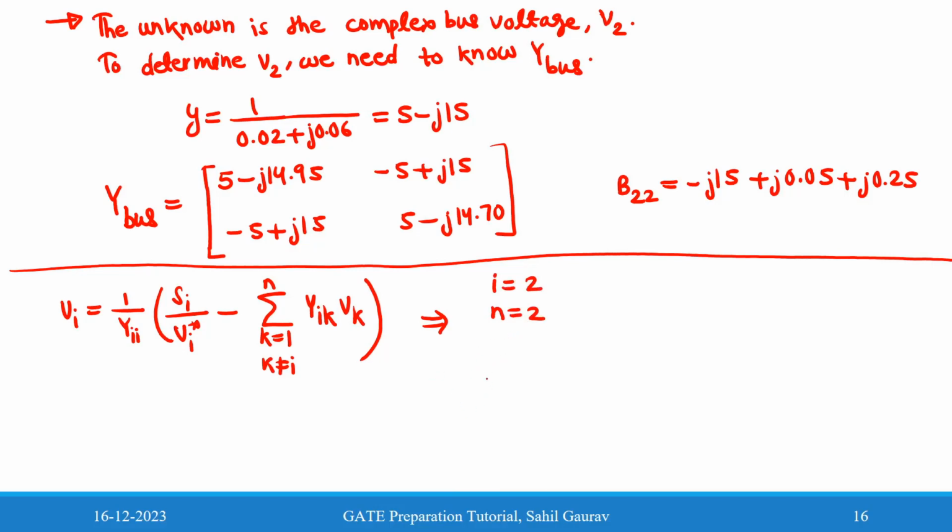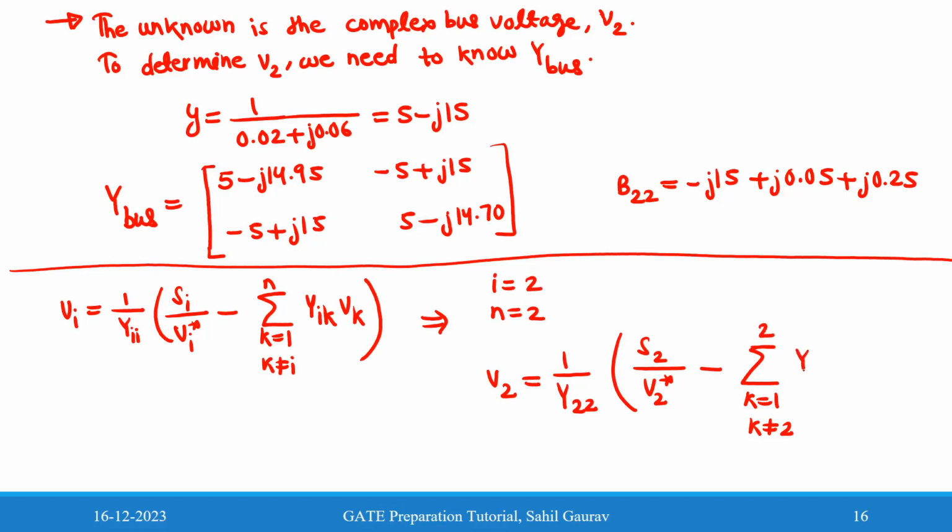So here we get V2 is equal to 1 divided by Y22 times S2 conjugate divided by V2 conjugate, minus summation of k equal to 1, k not equal to 2, n equal to 2, of Y2k Vk.